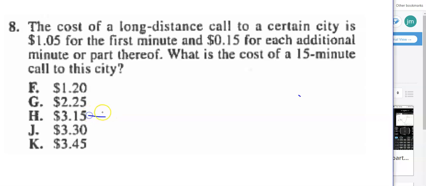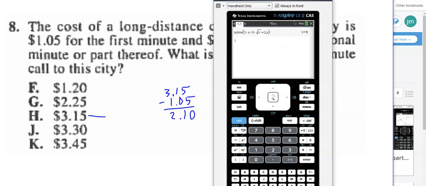So you could say, let's pretend the answer is $3.15. So if that was the case, you want to subtract, so 315 minus the cost of the first minute, which is 105. And so we get $2.10 left over. Let's divide that by 14.